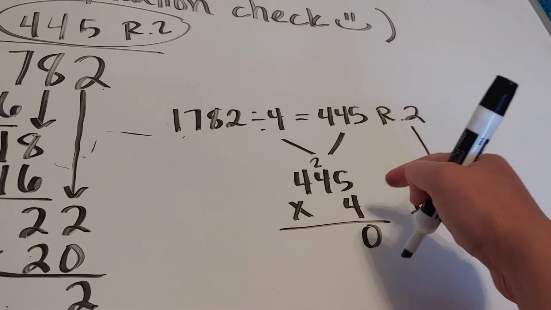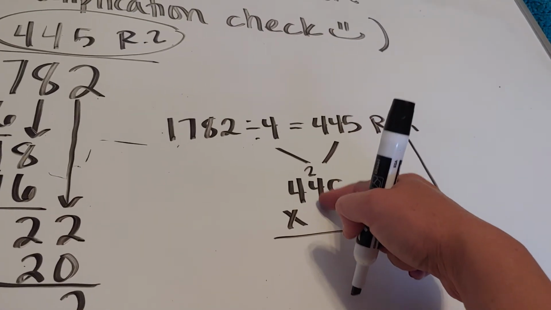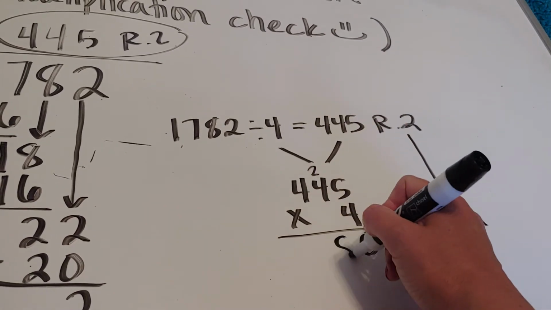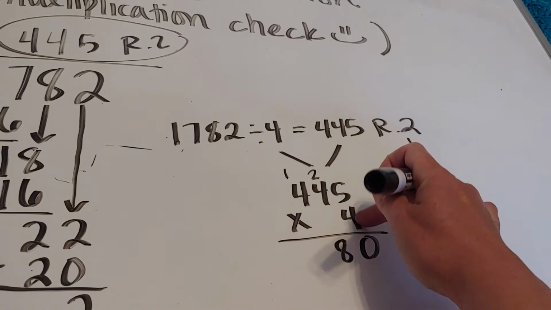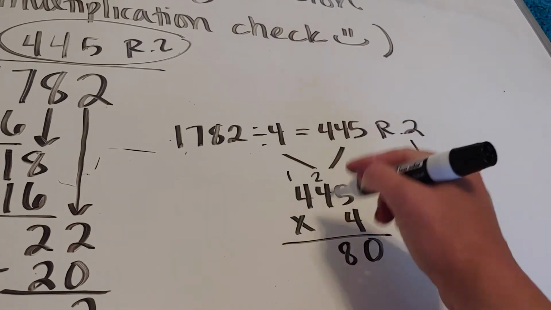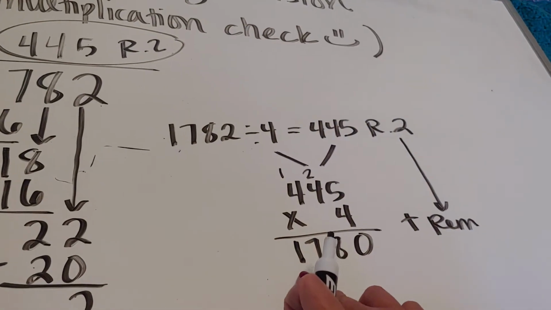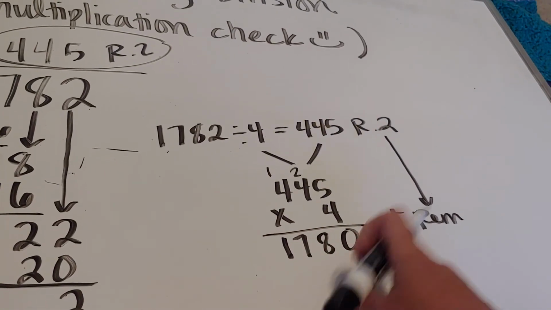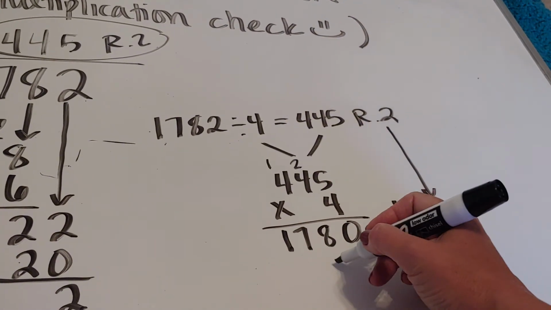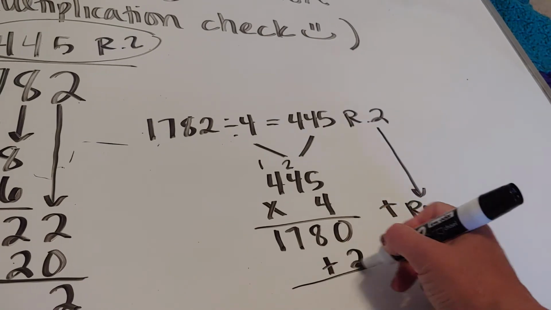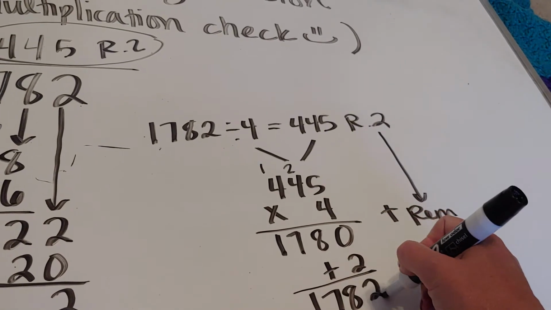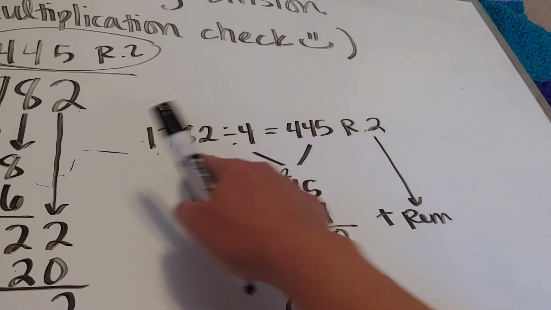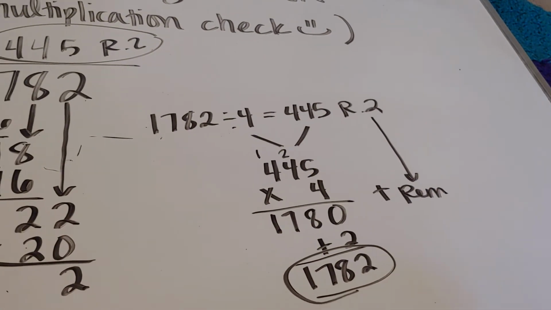Carry the 2. 4 times 4 is 16, plus 2 more is 18. Carry the 1. 4 times 4 is 16, 1 more is 17. So I have 1,780, but I now have to add my remainder, and my remainder is 2. And I get back my original number I started off with.